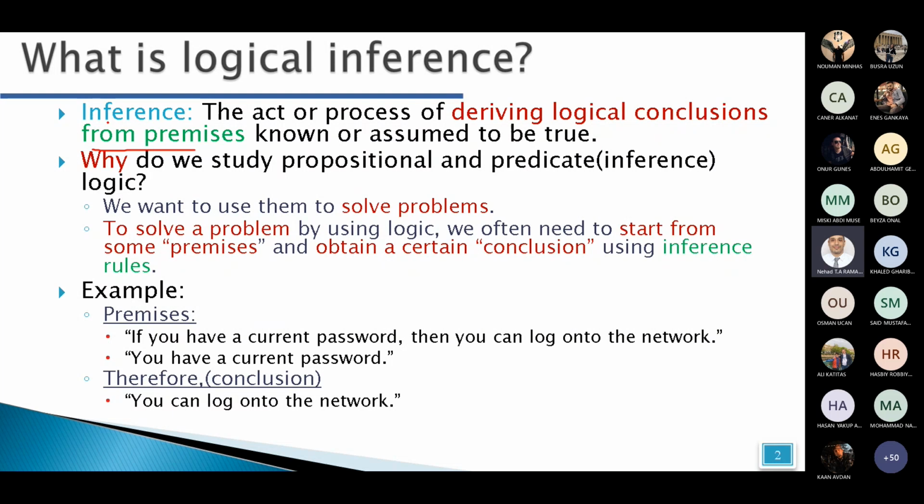For example, if I give you some information and, depending on this information, you get a conclusion, we name this process inference. You get, derive or extract a logical conclusion from some information, some premises, some assumptions given to you.